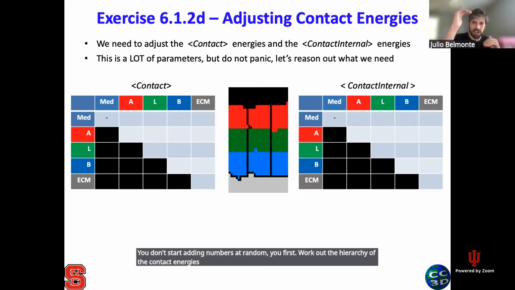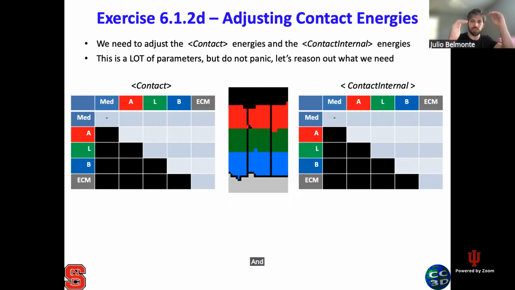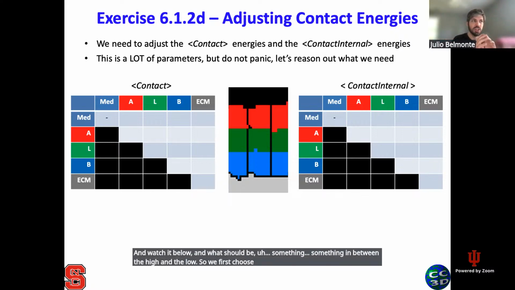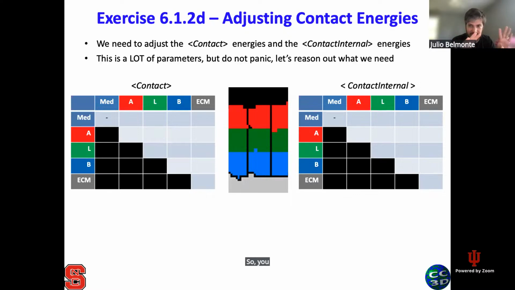What should be high and what should be low and what should be something in between the high and the low. So you first choose the hierarchy of values. So you first design the tables in a qualitative manner and sort out the hierarchies, and then you start adding numbers, okay? So let's do this. Where would you like to start, okay?